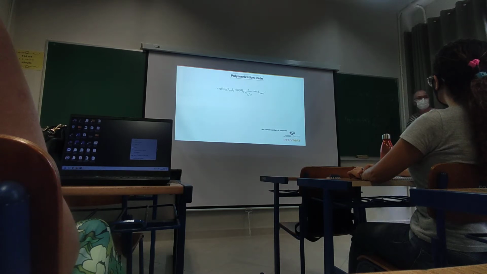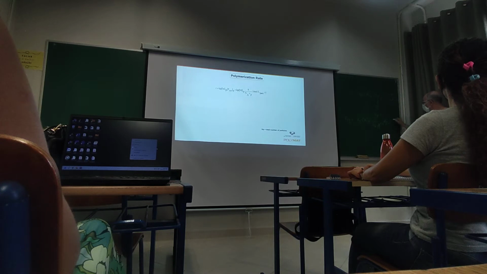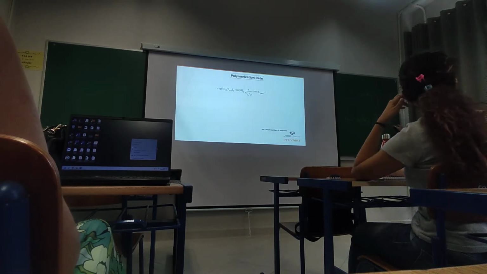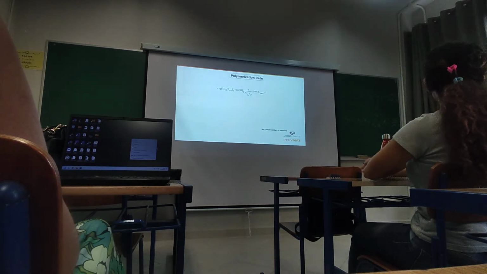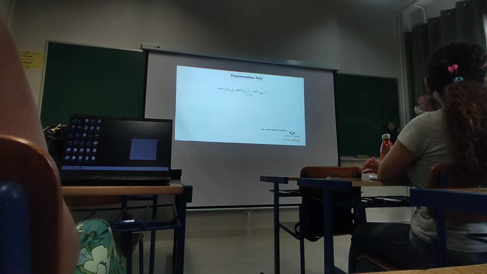And if I multiply by the volume of the particle, now the units will be mole of monomer that react per particle per unit of time. Okay? Because this is liter of particle per particle. Right? This is the volume of a single polymer particle.